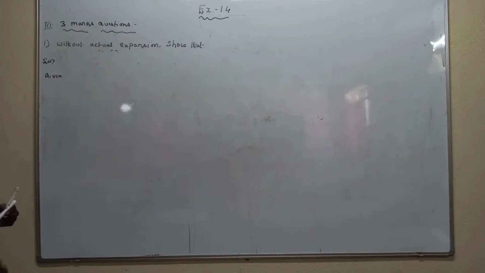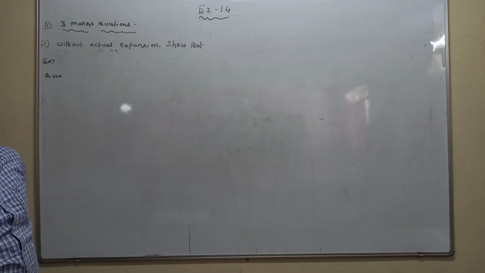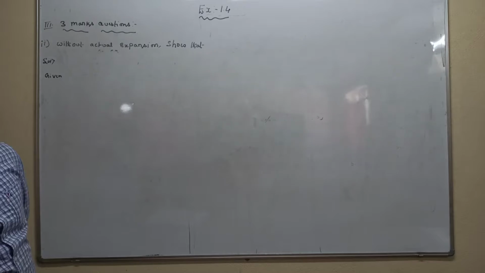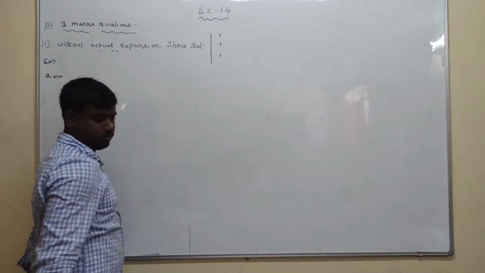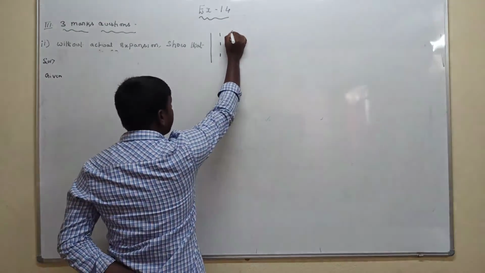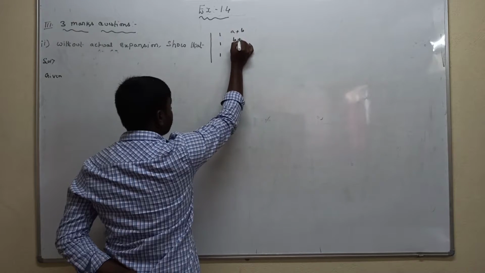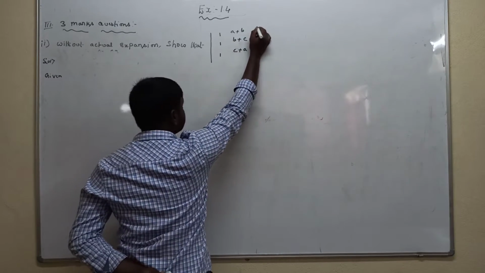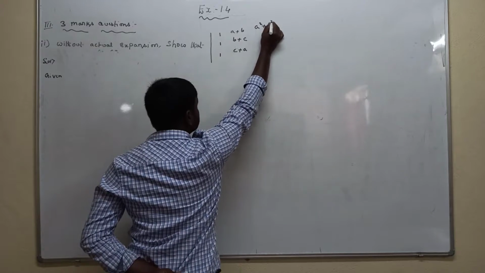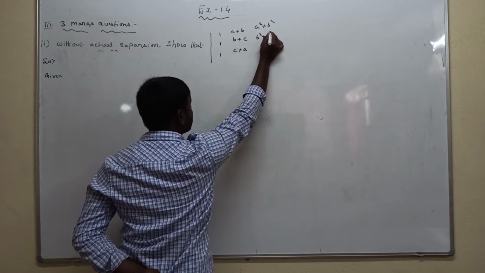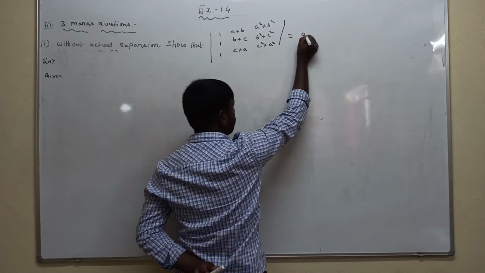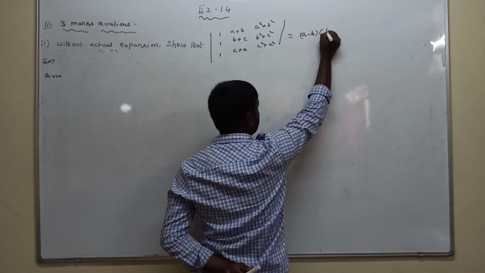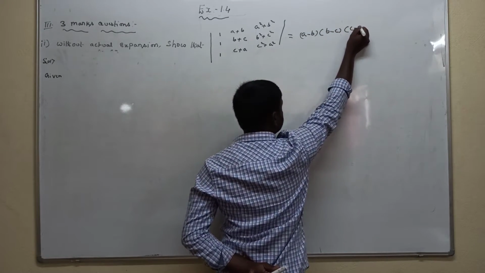Without expansion, show that the determinant with rows 1, 1, 1; a plus b, b plus c, c plus a; a square plus b square, b square plus c square, c square plus a square is equal to a minus b into b minus c into c minus a.